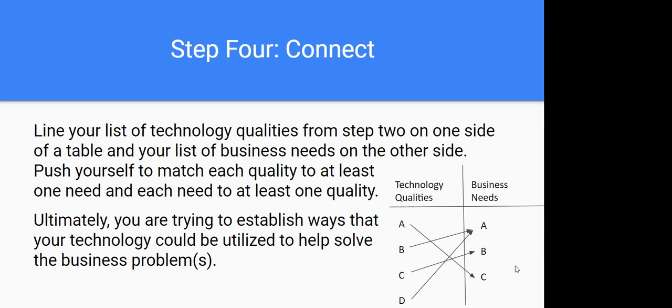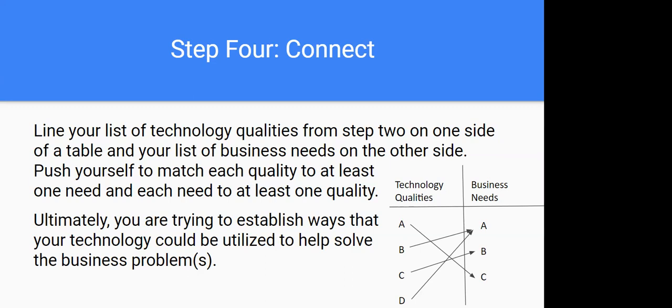On the right side of the chart, you list all of the different business problems, needs, operational improvement areas, goals that the company has. And then you basically force yourself to make at least one connection from every technological quality to every need. So every technological quality you have has to help with at least one of the need areas.